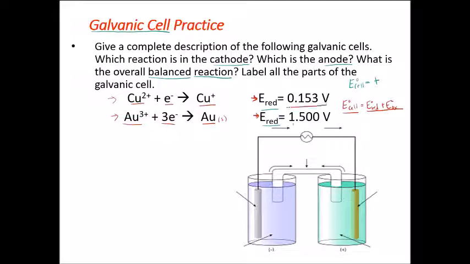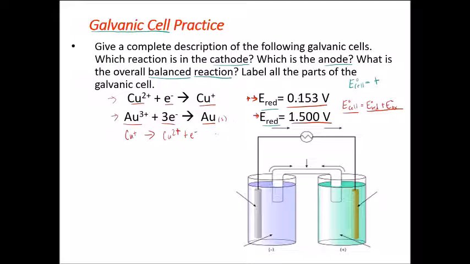I'm looking at my numbers, and remember, I need to make sure that it's going to stay positive. So the one that I'm going to flip happens to be this top one, because when I add them together, that means the number should come out to being positive for the E cell. So we're going to go ahead and flip the top one. So we're going to get copper plus going to copper 2 plus plus the electron, like so.